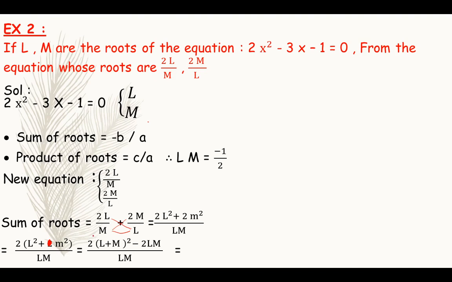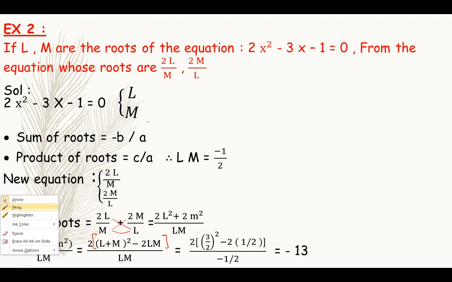And don't forget to put a bigger bracket here to be correct. Okay? Now 2 multiplied by L plus M, the sum of the roots will be equal to 3 over 2.